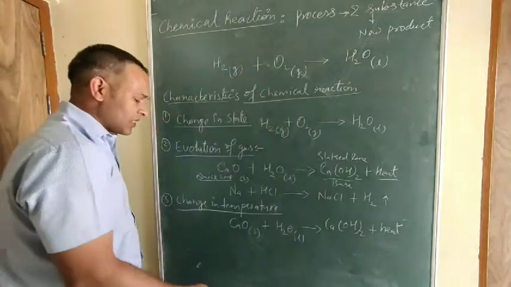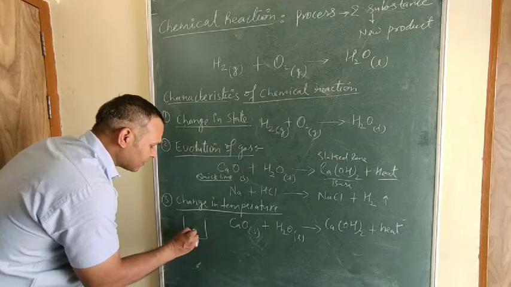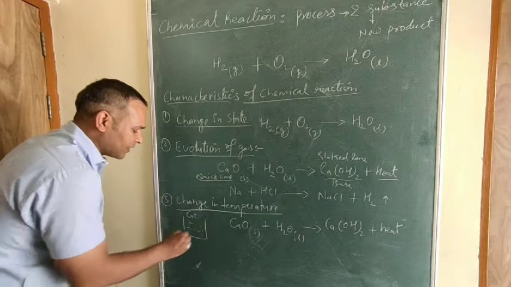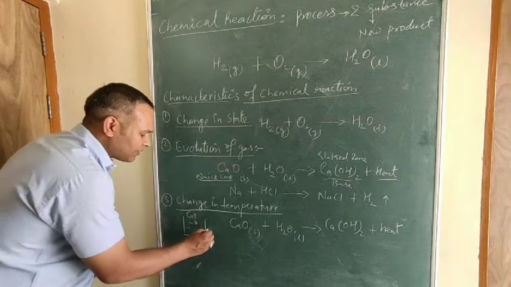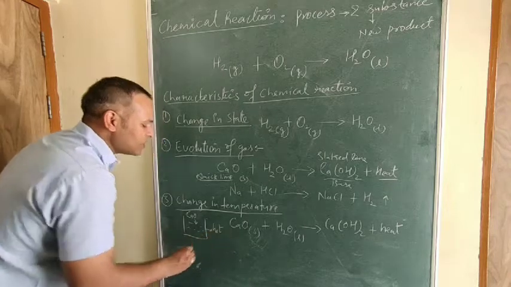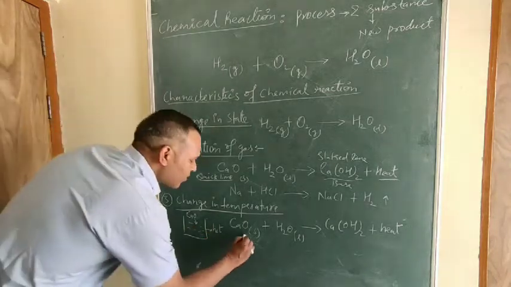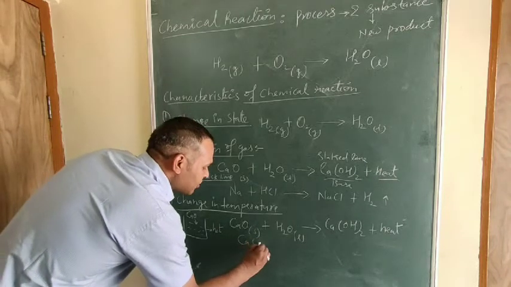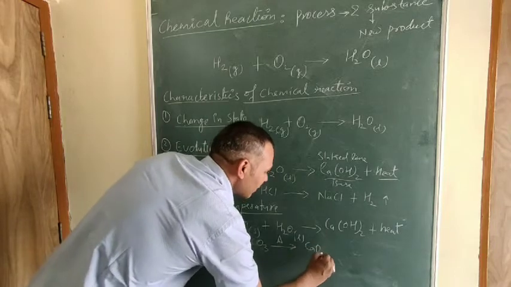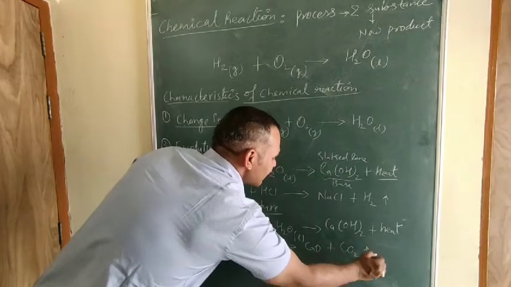For that you can see if we take water in a beaker and add calcium oxide, which is quicklime, into that water, after some time when we touch the beaker, it will be hot. That means in the reaction the temperature is increased. Another example, when calcium carbonate is heated it gives quicklime plus carbon dioxide gas is released.